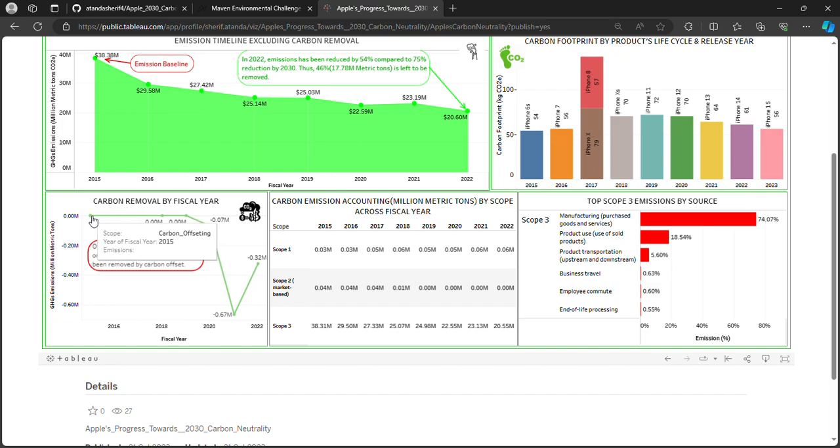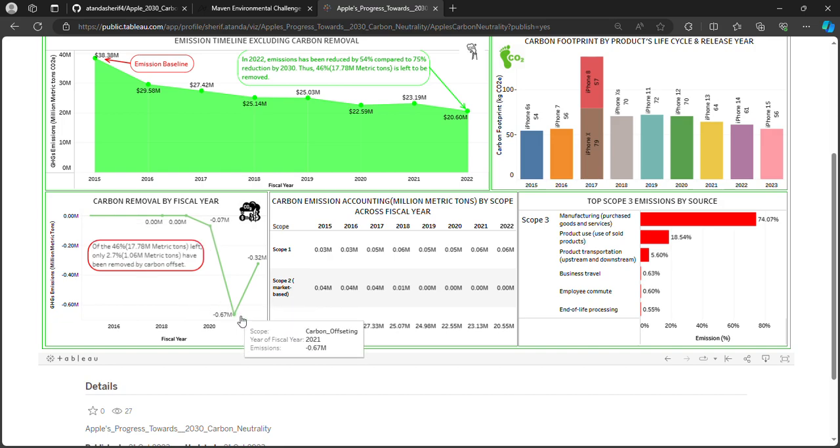As of 2016, there was no carbon offset project. 2016, 2017, 2018, 2019, this is showing a zero. And what this zero means is that Apple did not take any step towards reducing the emissions they've generated into the atmosphere. They didn't take any step.